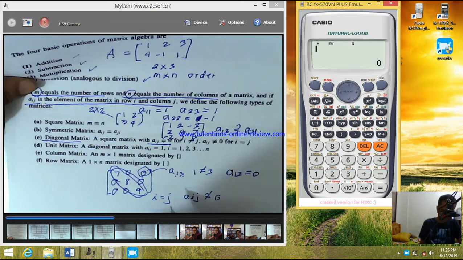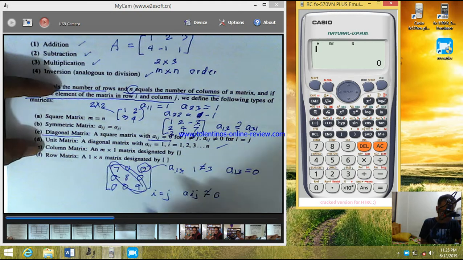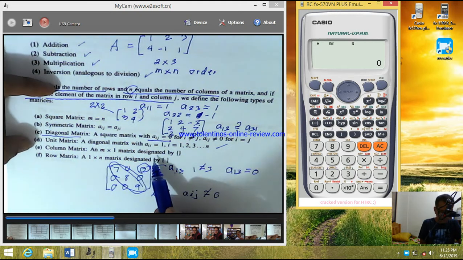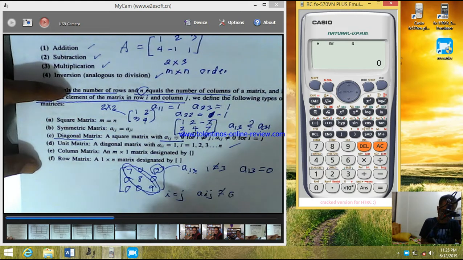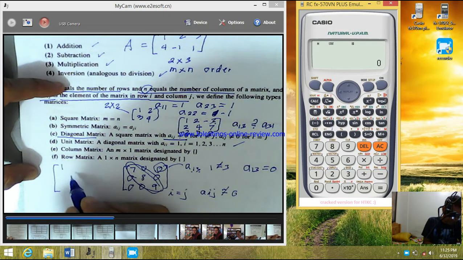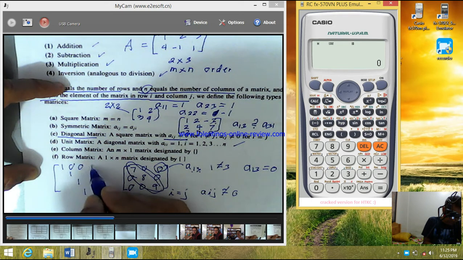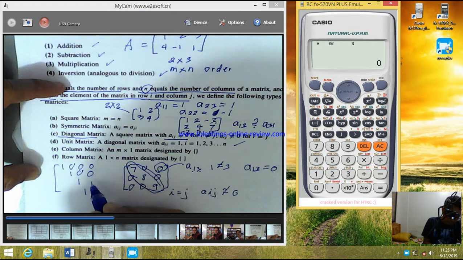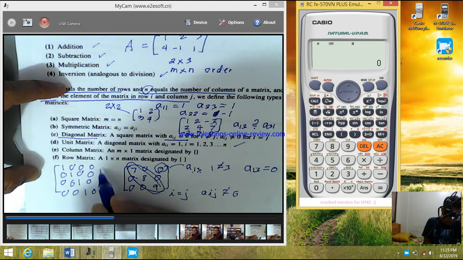Next, yung unit matrix naman, ang kakaiba lang yan, diagonal matrix siya, pero puro 1 na siya. Itong principal diagonal niya, 1. So, an example is, let's say, 1, 1, 1, 1, and then 0 lahat ito.